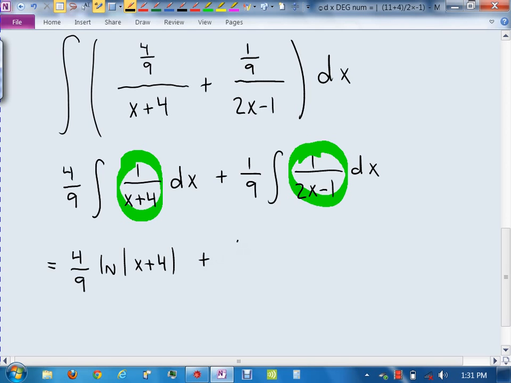Plus 1/9, be careful, times 1/2 natural log 2x minus 1 plus c. And of course, 1/9 times 1/2 is 1/18, isn't it?